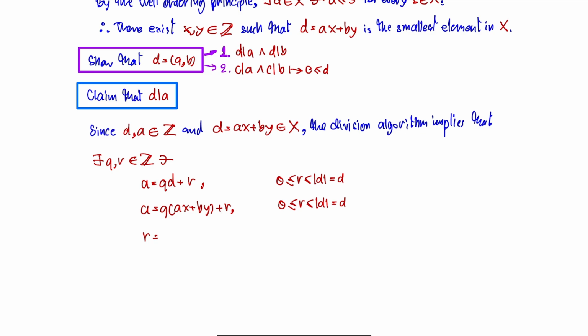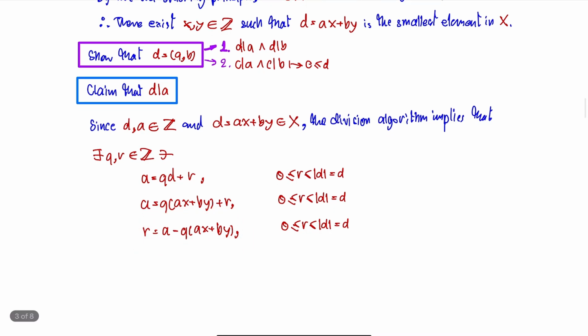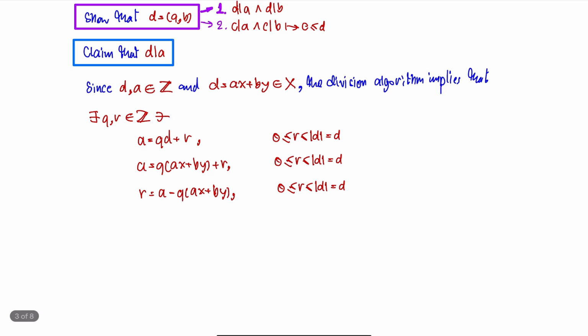So we have r equal to a minus q times ax plus by. And then let me rewrite this one here so that a terms are next to each other.